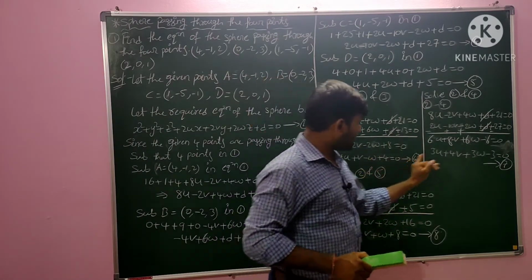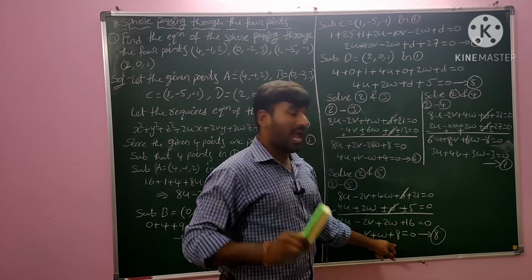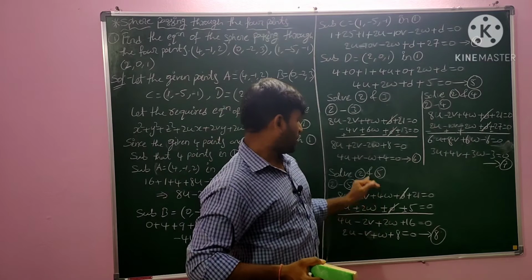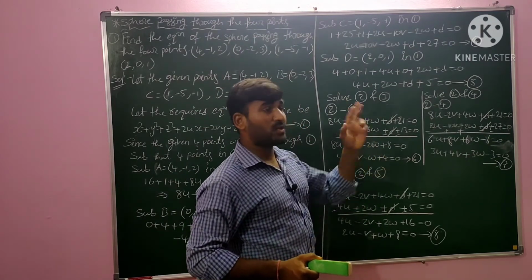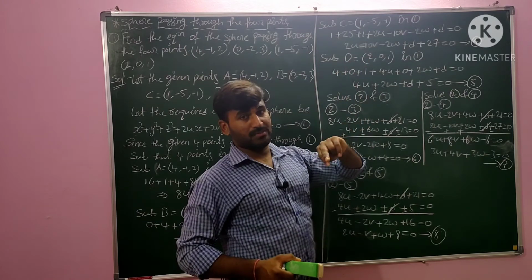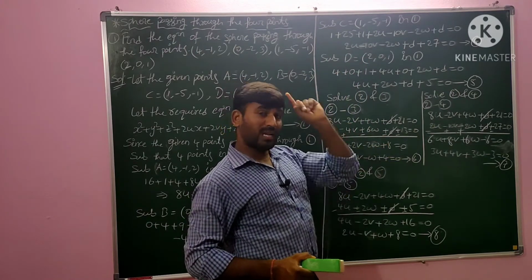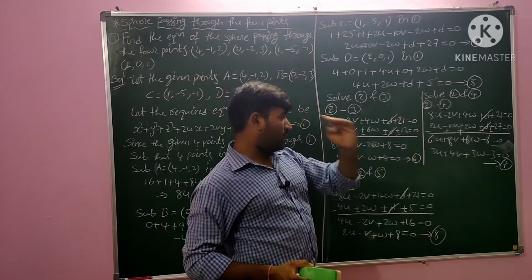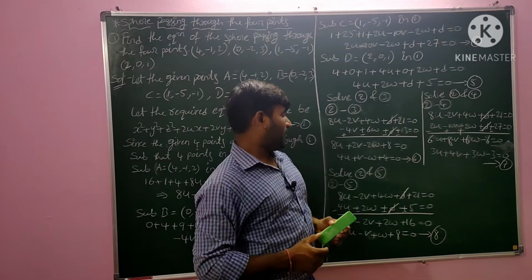Next, solve these 3 equations and cancel any one of the terms; you can choose u or v or w. Then you will get 2 equations with 2 terms. By solving the 2 equations, you will get one value. Substitute that value in the above equations, and you will get the u, v, w and d values.